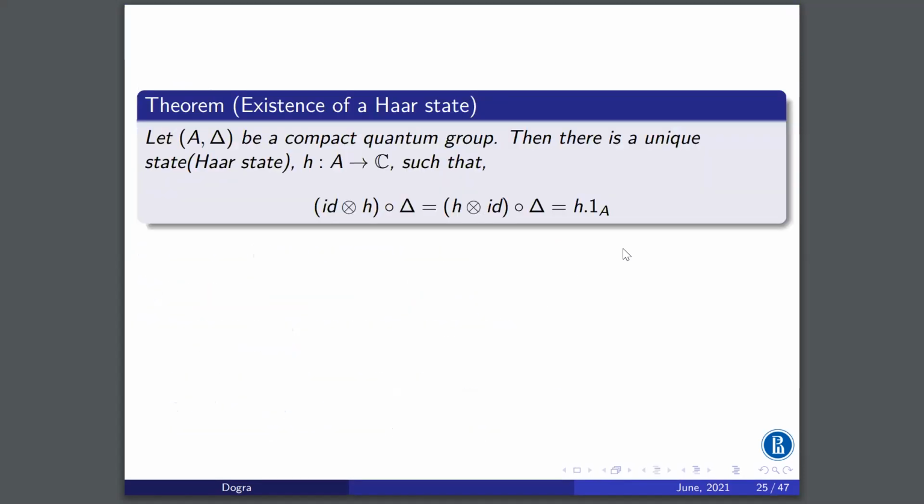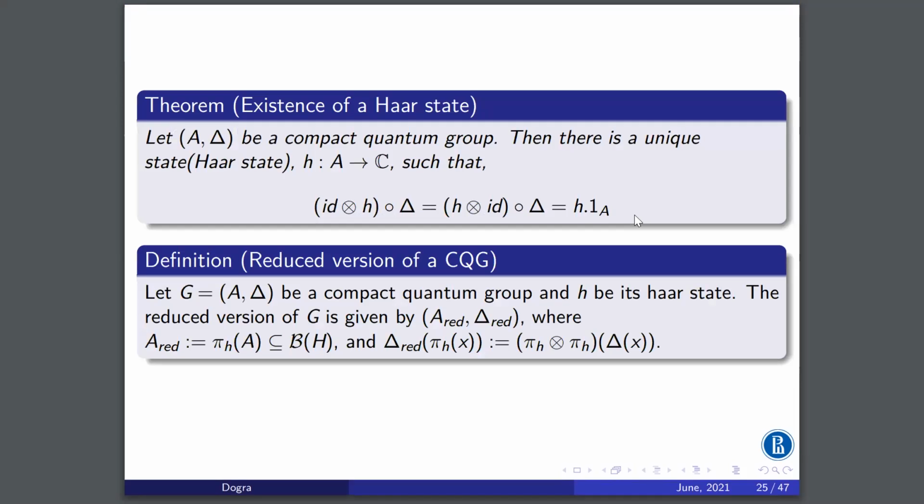All right, now we discuss the representation theory of compact quantum groups. First of all, for any given group A, there exists a unique Haar state such that this condition is satisfied. And similarly, there exists a unique Haar state on the reduced version of a compact quantum group also. And again, it is given by exploiting the natural maps that we defined before.